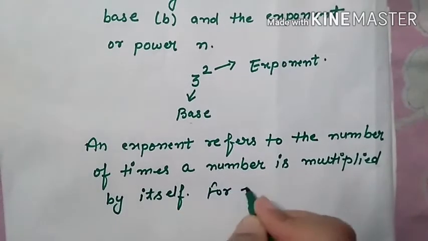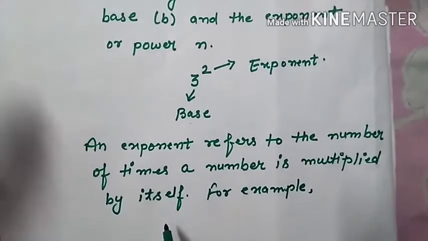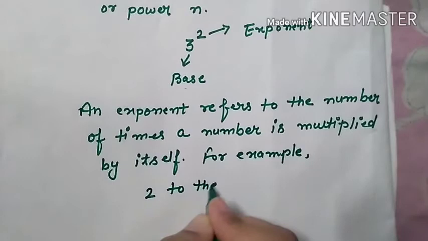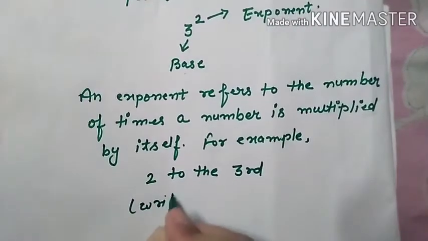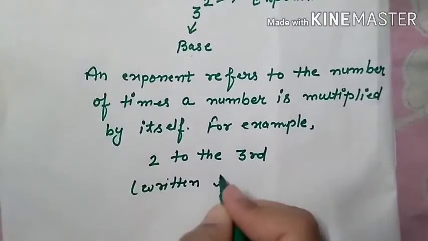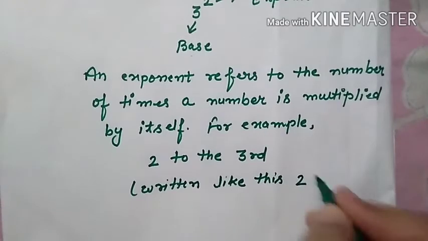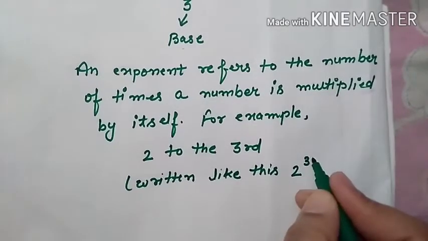For example, we take one example. Suppose 2 to the third, written like this: 2 raised to the power 3. We read it 2 raised to the power 3.